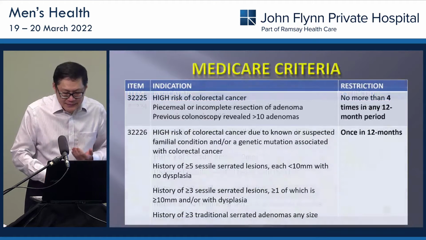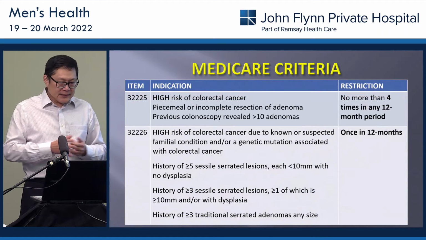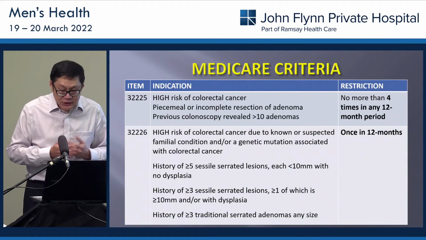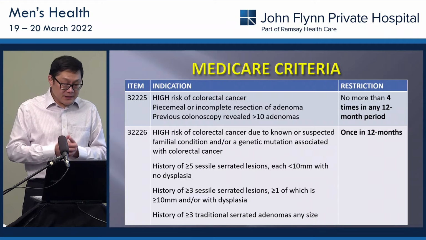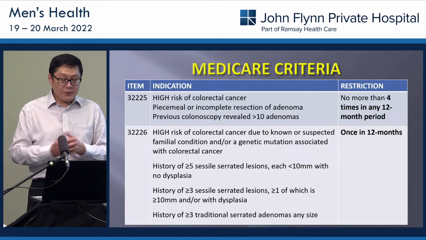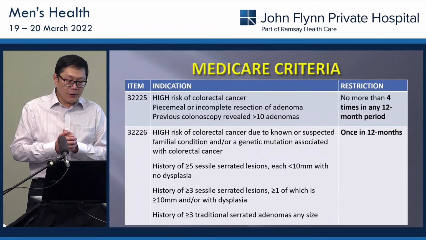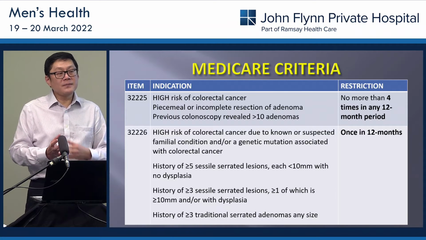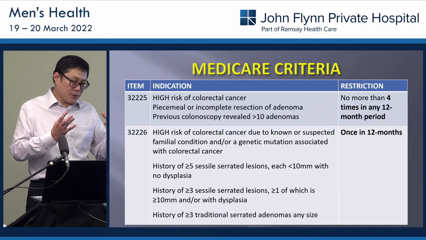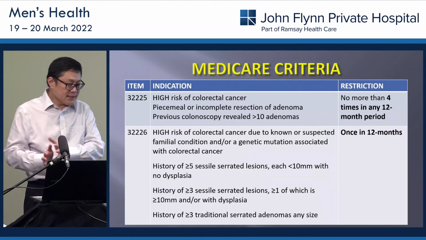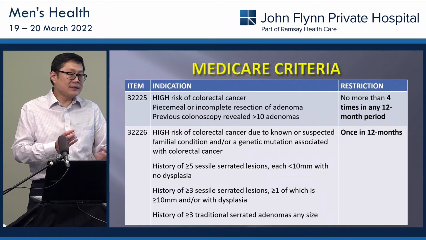Okay. So this slide just covers some of the situations where close surveillance is indicated, in particular the piecemeal resection or incomplete resection of a large polyp. If we have to remove a very big polyp in a few pieces, there's a 20% chance of regrowth.